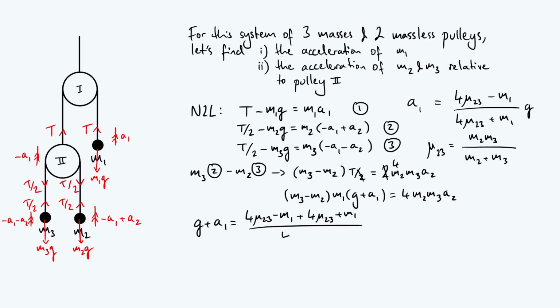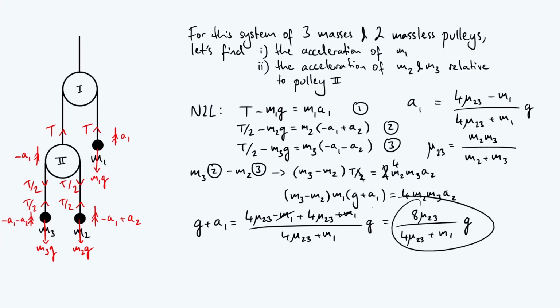The denominator is not going to change, it's still 4 mu23 plus m1. Don't forget that g term there. And then the m1's cancel, and you've got 8 mu23 on top, and 4 mu23 plus m1 on the bottom, and that's multiplied by g. Notice at this point, by the way, that if you want an expression for the tension t, all you have to do is multiply that by m1, and that is your expression for t.